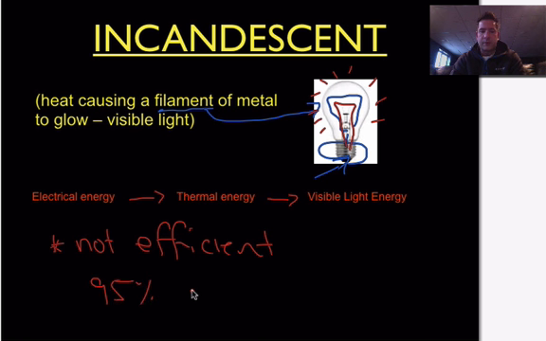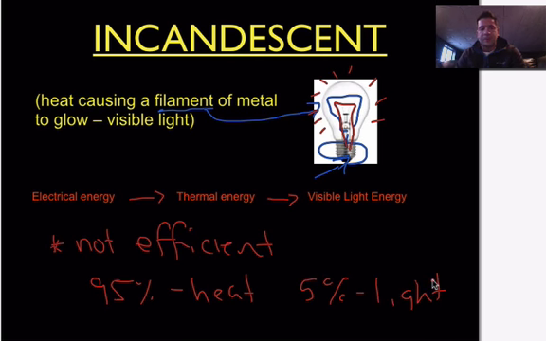So 95% of the energy is heat, and we actually only get 5% of the energy is visible light. So not very efficient, and they produce a lot of heat. And an example is I had a light bulb when I was constructing my house, and we're pouring the concrete slab in the garage, and so we didn't have anything insulated yet at the time.